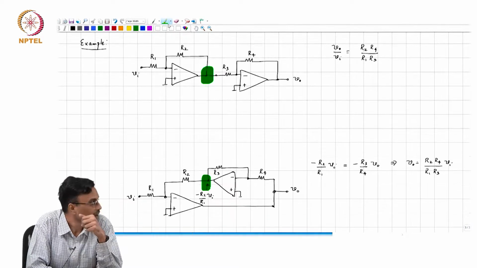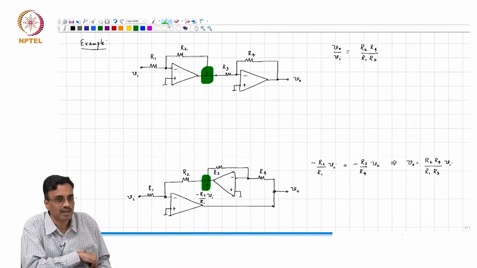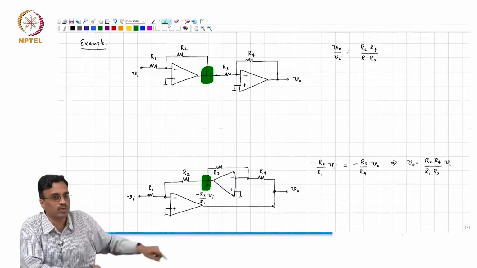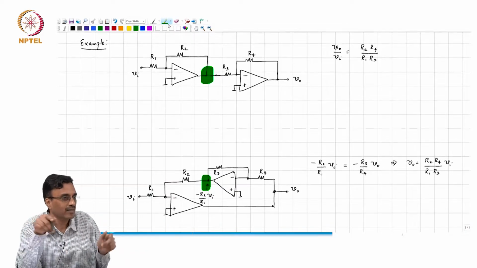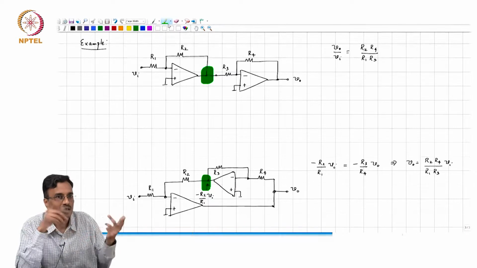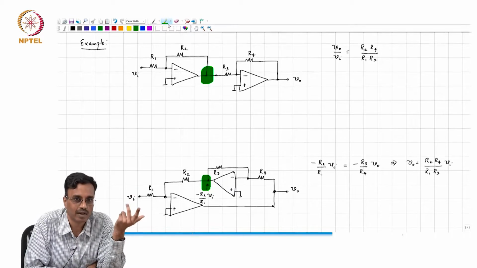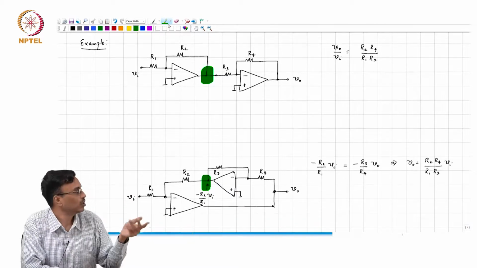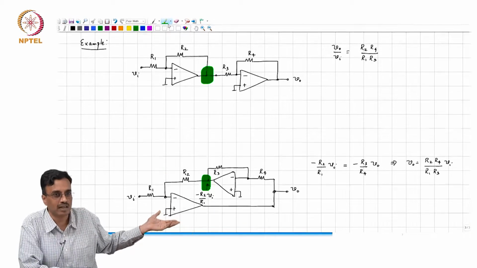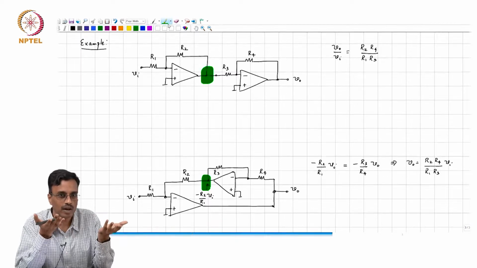Now, in this case you have two networks which claim to do the same job when the op amp is ideal. When the op amp is not ideal, they will do the same job with different levels of effectiveness, correct? So, one circuit must be better than the other, right? You have two things, one must be greater or less than the other.